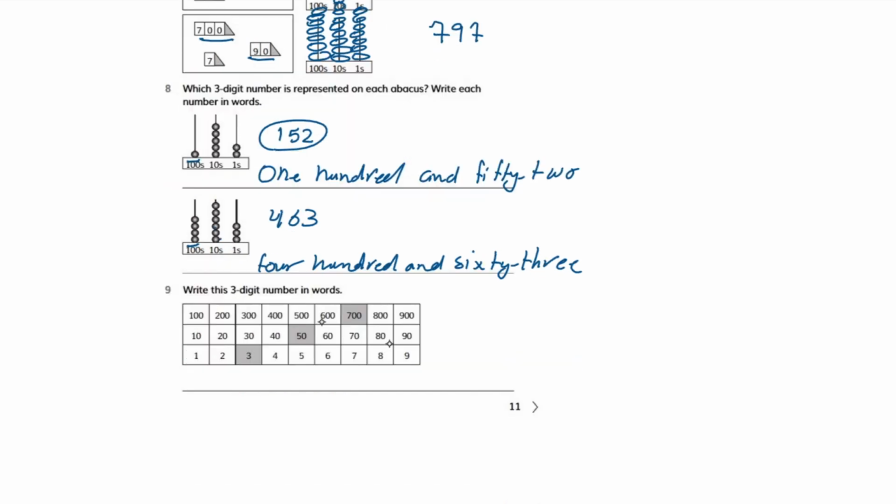In the ninth question, it says, write this 3-digit number in words. First of all, let me clarify what 3-digit number is highlighted here. We have a 7 in the hundreds place, 5 in the tens place, and 3 in the ones place, because these places are highlighted. So 753.